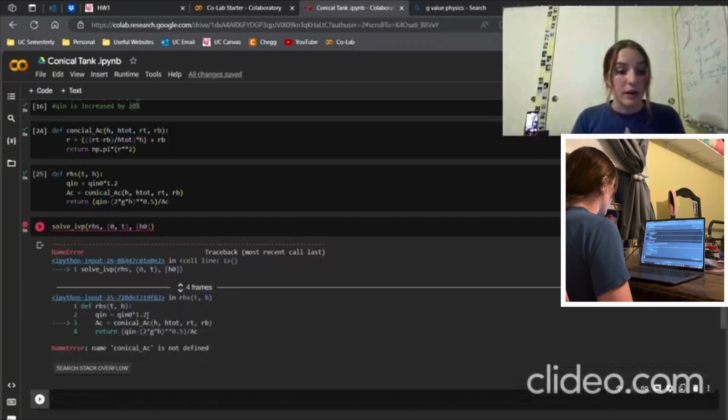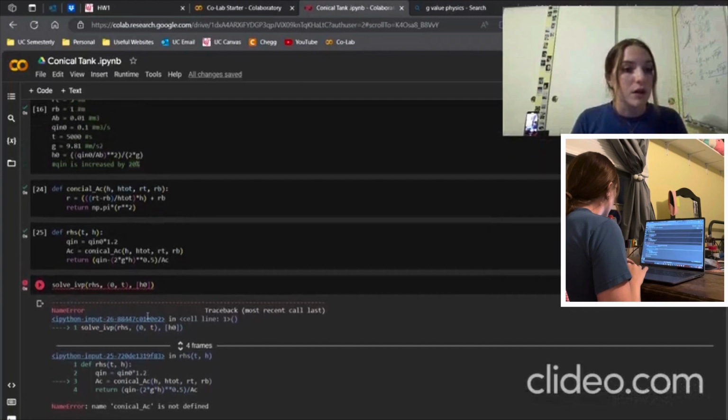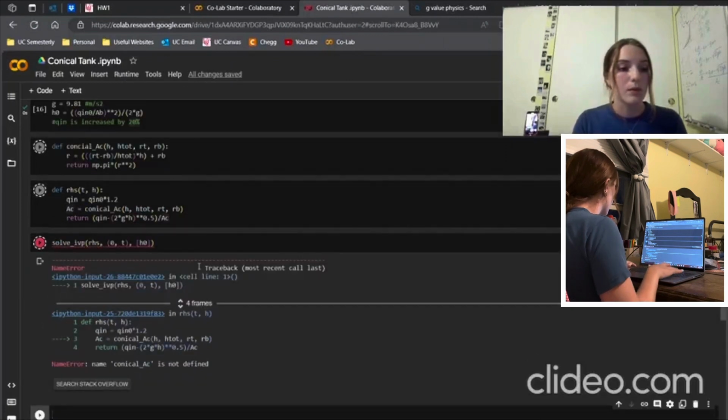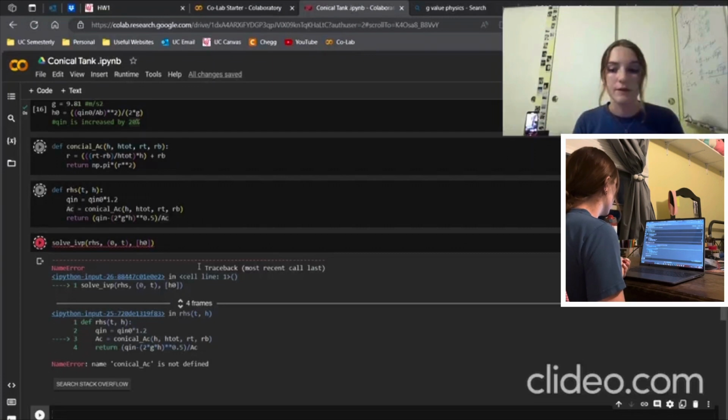Oh, we got an error. So conical underscore AC is not defined. Let's run this part. Let's run all of them again and see if that fixes it.